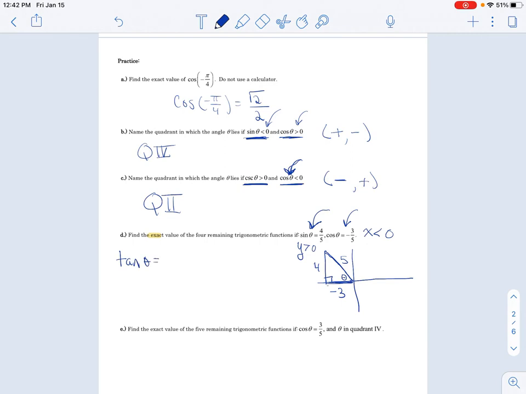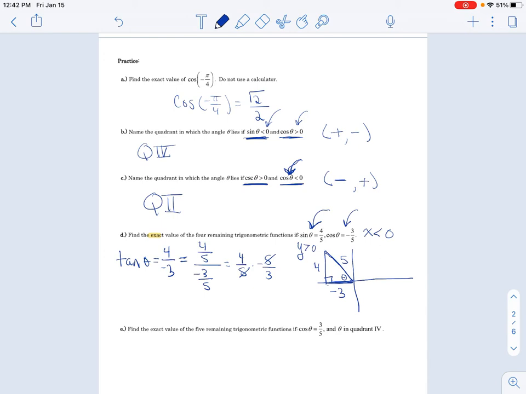Tangent of theta, well, that is opposite over adjacent. Just to give you more options, you could have also said, wait a minute, I also know tangent is sine over cosine, y over x. Well, if you do this, we get the same answer.